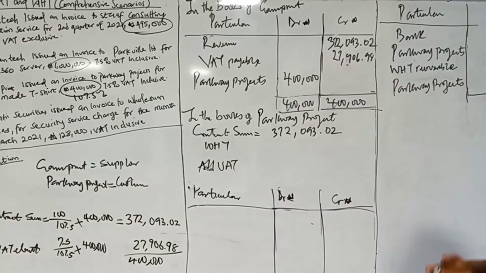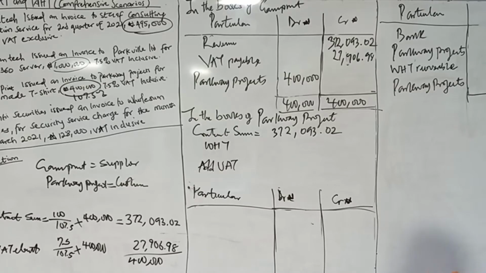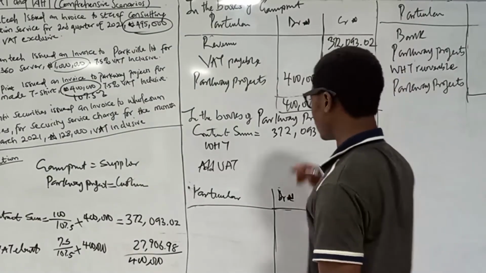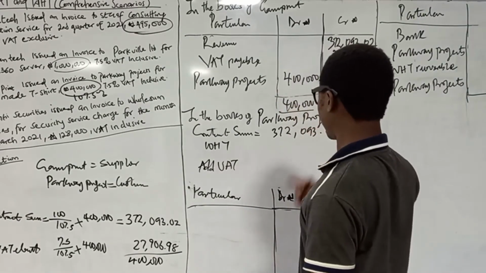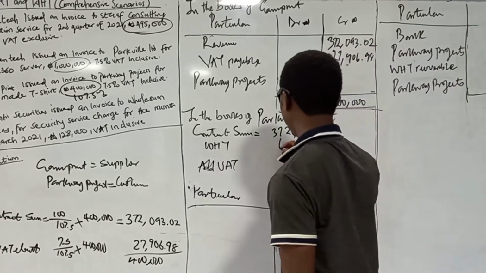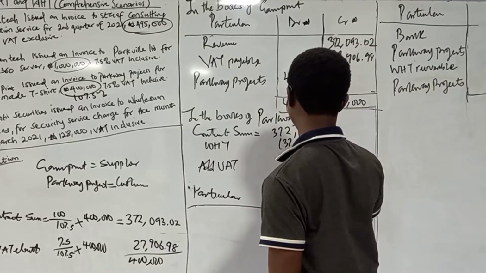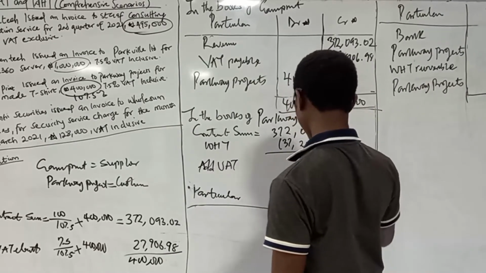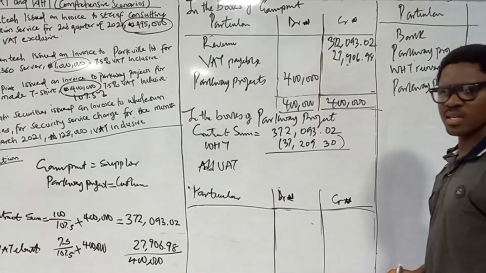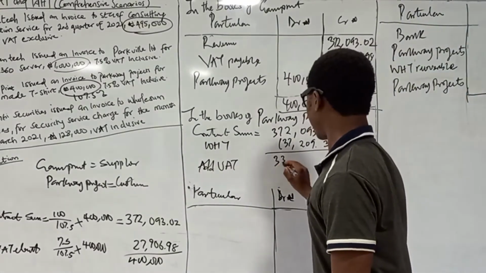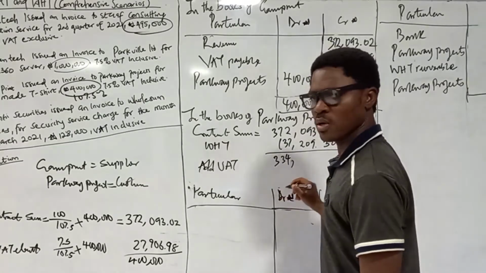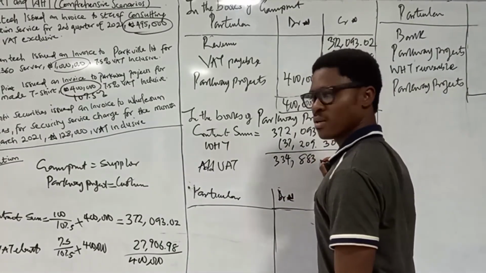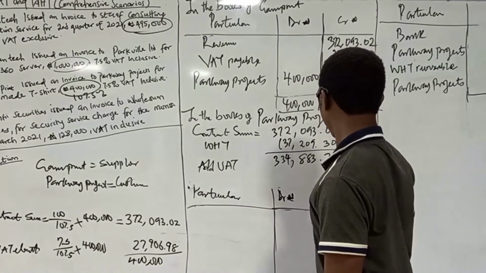From the contract sum, Payable project, as a customer and agent of the government to deduct withholding tax and remit to the tax authority, needs to subtract the withholding tax, which is 10% of the contract sum. Subtracting this, we have 334,883 naira 72 kobo.